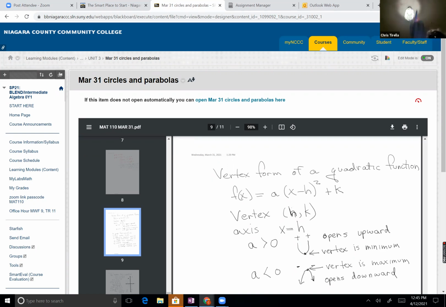And that a tells us whether it goes up or down, but it also gives us an idea of how much it's being stretched. Can you remember being there a little over a week ago? Yeah. And so that's what that question is asking you to apply. Because the vertex is always the turning point, it's always the maximum or minimum.